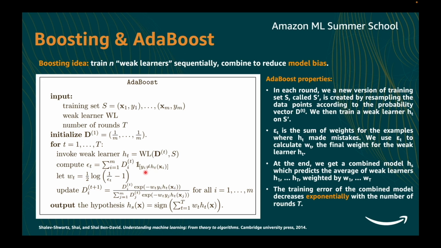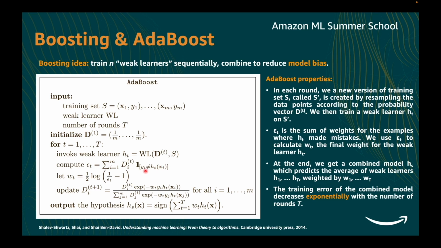What this equation is essentially doing is saying, okay, using the model I have just trained, I'm going to predict on all of my training samples again and get predictions h t of x1, h t of x2, etc. Those are all of my predictions.